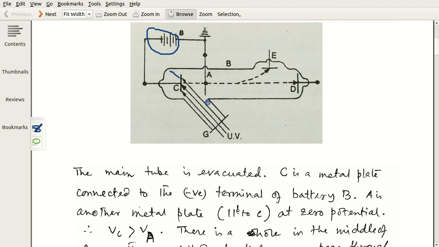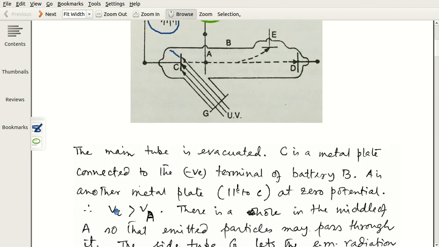And the A part is connected to either a positive terminal or zero potential. That means here it is earthing. This part shows earthing. So the potential of A is definitely higher than the potential of C.